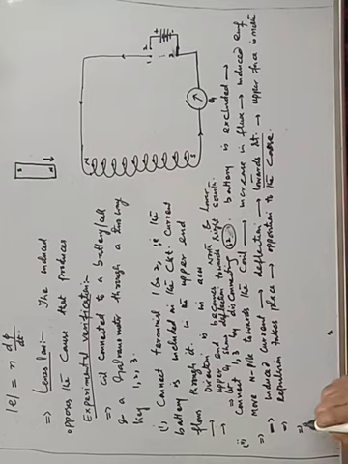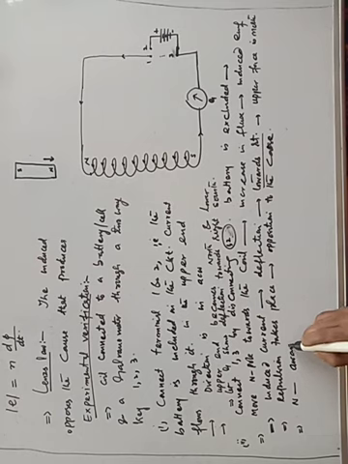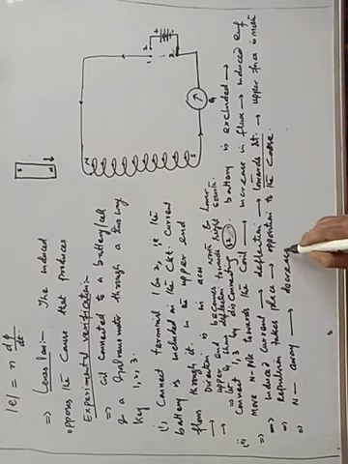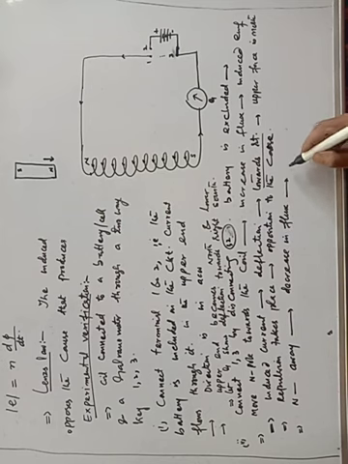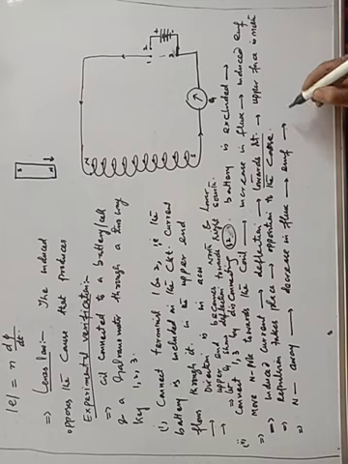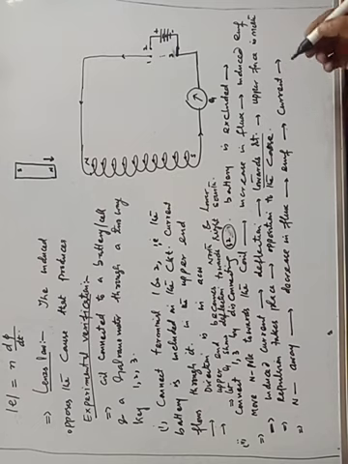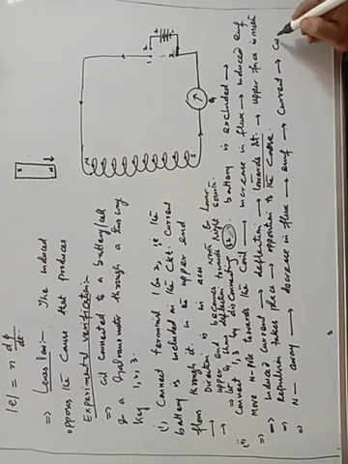Similarly, if north is taken away, what happens? Decrease in flux. ठीक है. जब decrease in flux होगा, there is induced EMF. जब induced EMF होगा तब यहाँ पे current होगी. But in this case, the current is in clockwise direction. That is, deflection reverses.